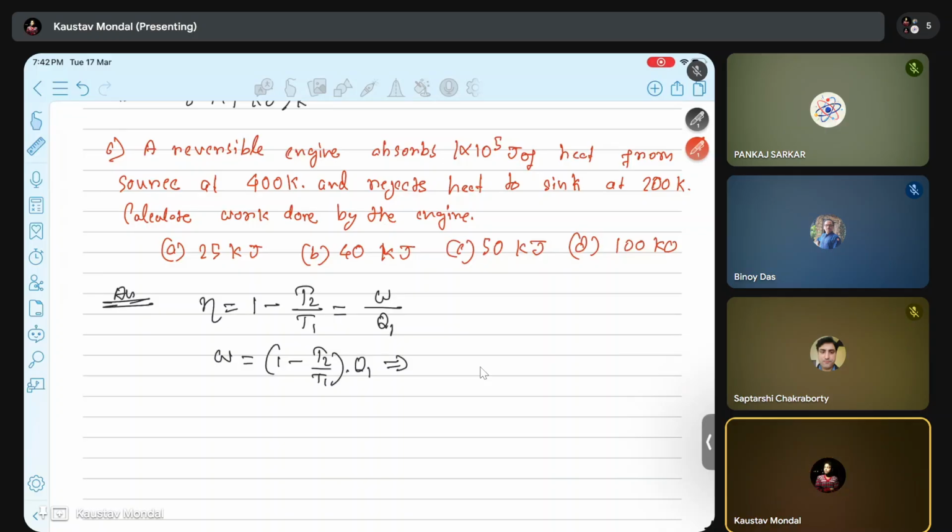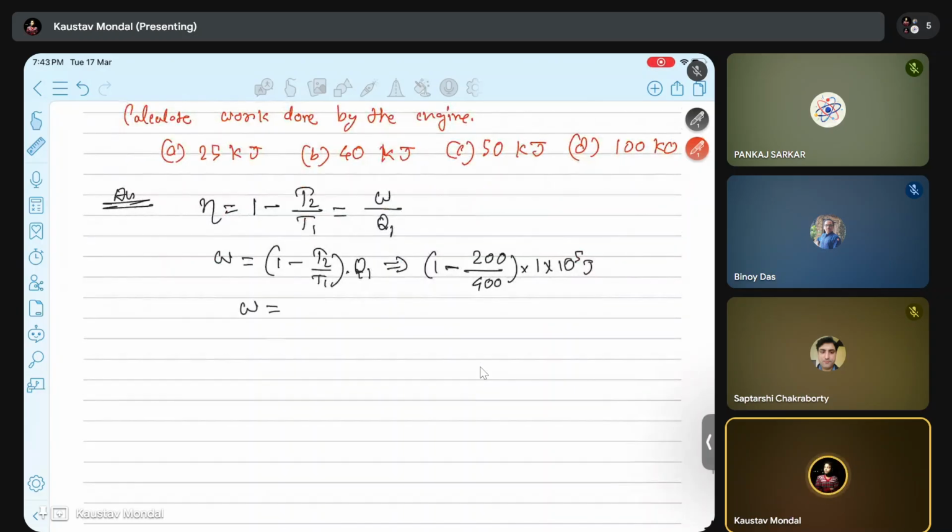You can see in this expression everything is mentioned in the problem. T2 is the sink, that is 200, and T1 is the source, 400, into Q1, that is 1 into 10 to the power 5 joule. If you calculate it, it gives 1 minus 0.5, so 0.5 into 10 to the power 5 joule.